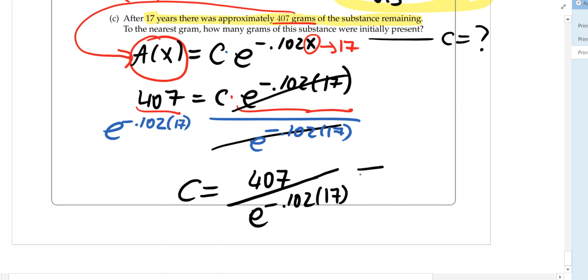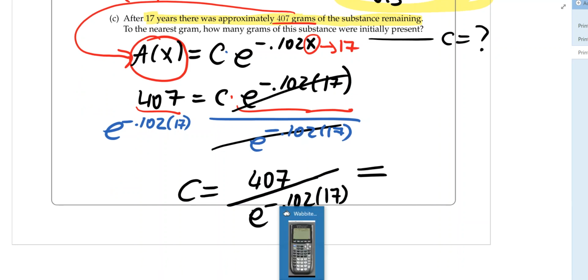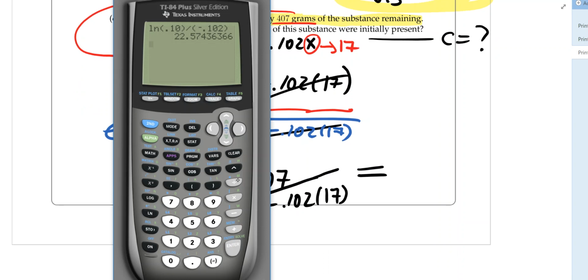So let's put that in our calculator. It's going to be 407 divided by, let's put the whole denominator in parentheses, e to the power, and at the power we have negative 0.102 times 17.